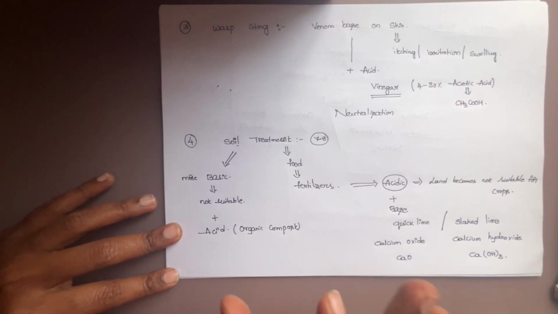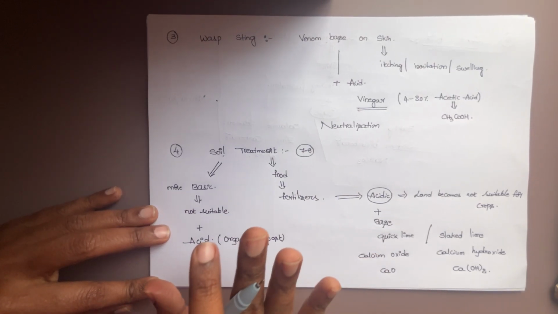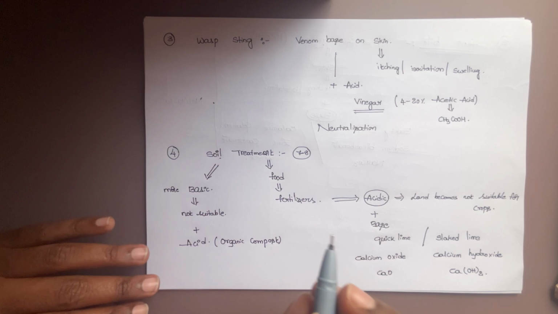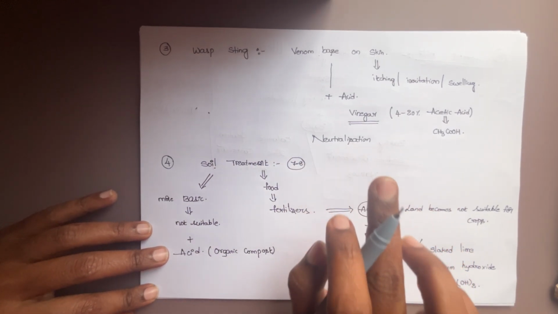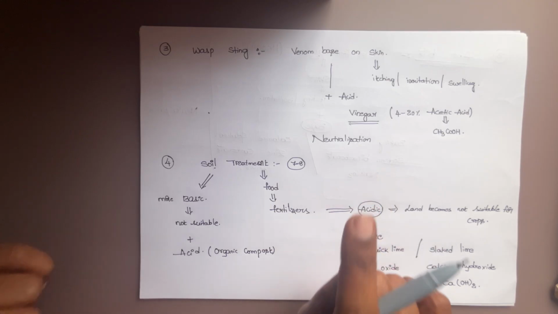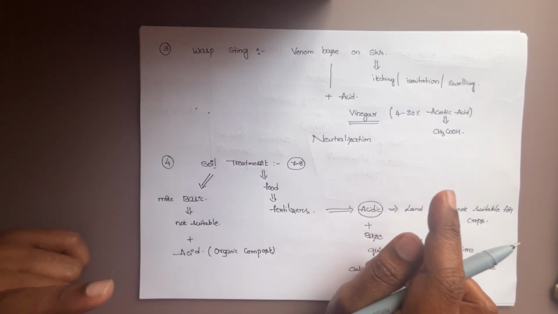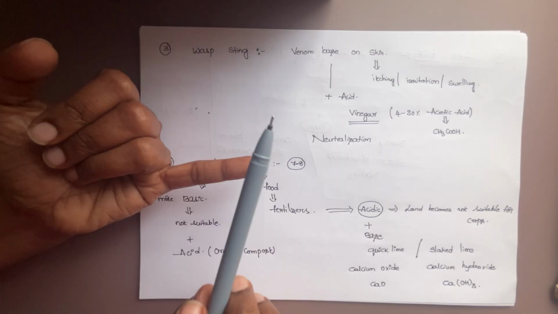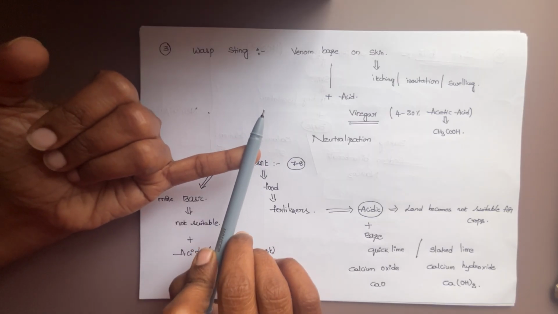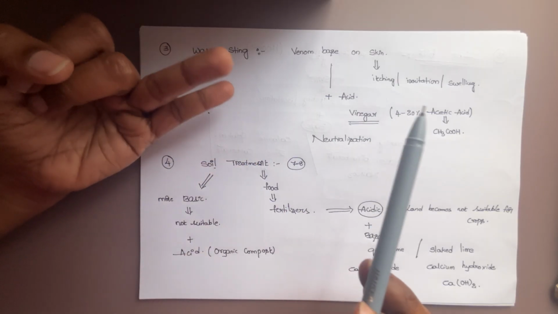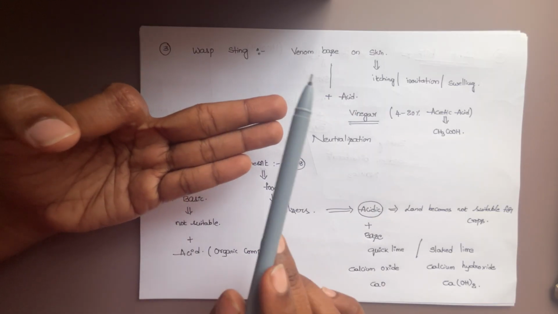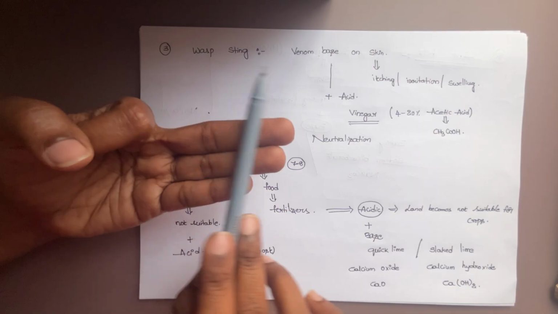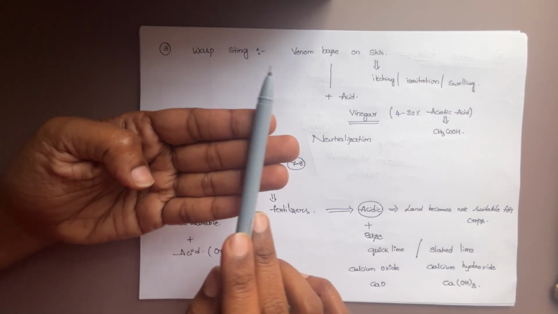So this is about another natural neutralization. Soil treatment is also neutralization. In the examination they will ask you which of the following is a neutralization: nullifying the effect of wasp sting using acid, nullifying the acidic soil by using base, addition of base during indigestion, and all of the above.